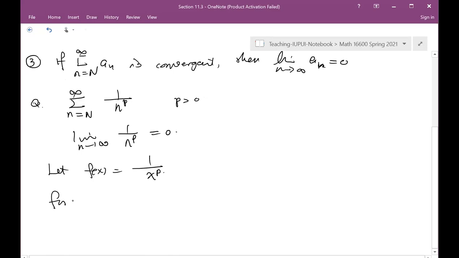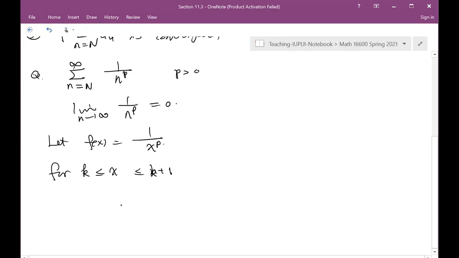Then for x between k and k plus 1, where k is greater than or equal to N, you will see that 1 over x to the power p is less than or equal to 1 over k to the power p and greater than or equal to 1 over k plus 1 to the power p.